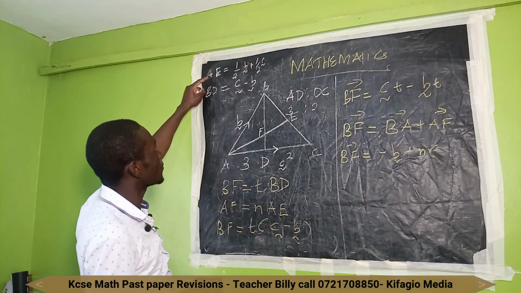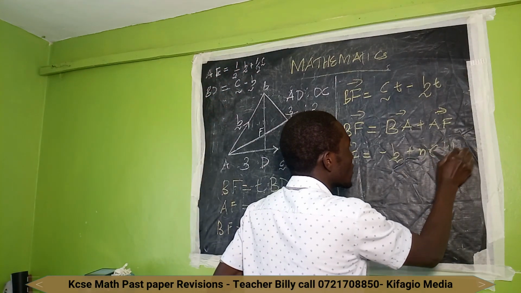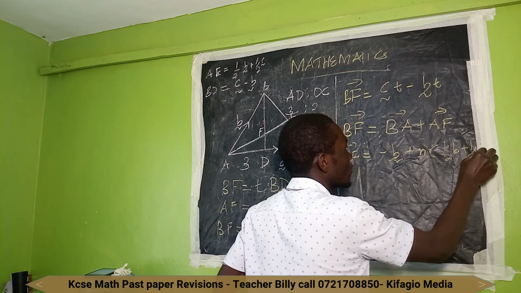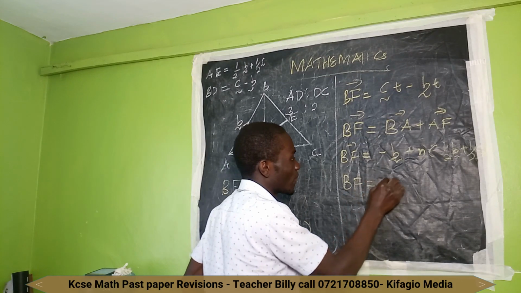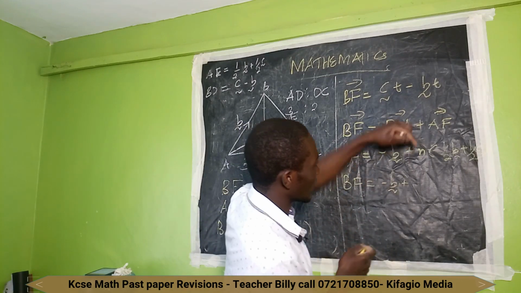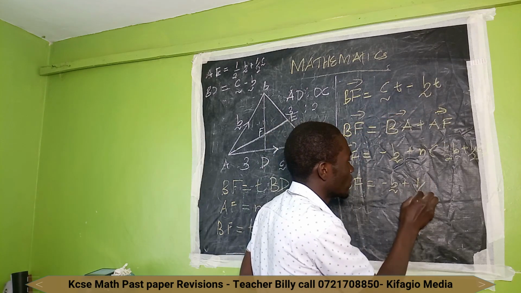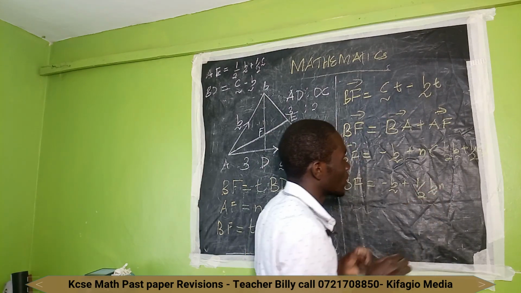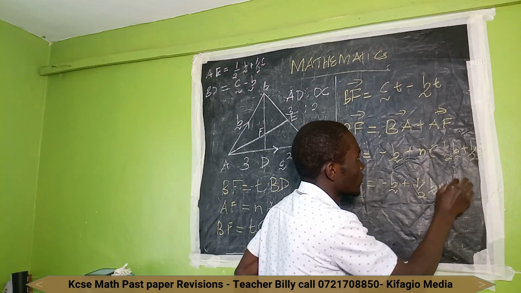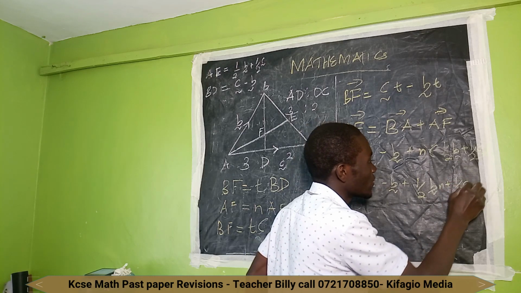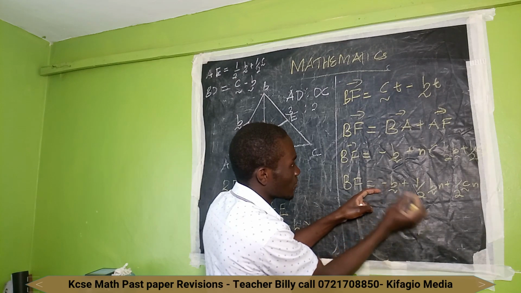What was our AE in our previous question? A half B plus a half C. So BF here is equal to minus B plus, you open the brackets, n multiplied by a half B is a half Bn. N multiplied by a half C is positive a half Cn. Collect like terms, because you have minus B here.